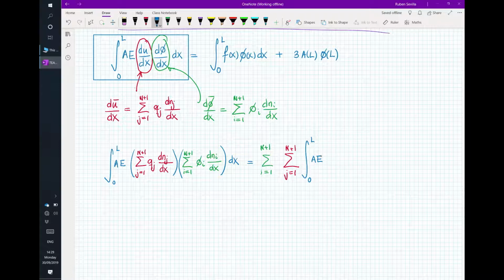Just checking that I haven't lost you on the way. What things are not depending on x? Someone said something. The coefficients. The coefficients are not depending on x, and I have coefficients here, and I have coefficients here. If something is not depending on x, I can take it outside of the integral, right? That's why I'm asking. So the only thing that I need to keep inside are these derivatives of the shape functions, because the shape functions depend on the position.